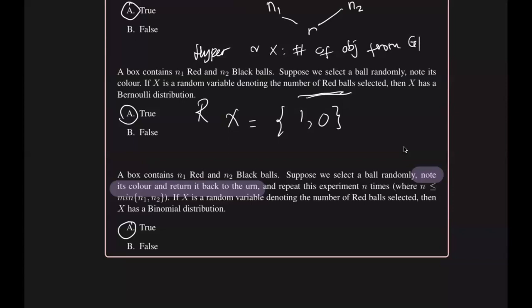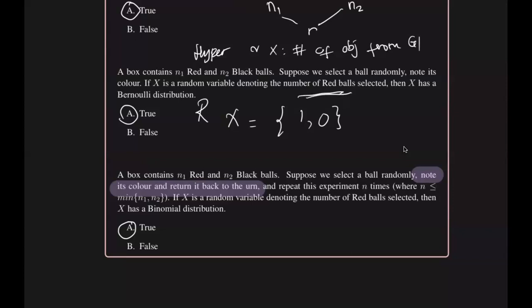So in each trial, the results are independent of each other. So that is a Bernoulli trial. Therefore, when we denote the outcome for a sequence of Bernoulli trials, this random variable follows a binomial distribution.